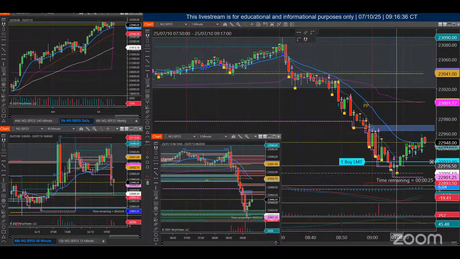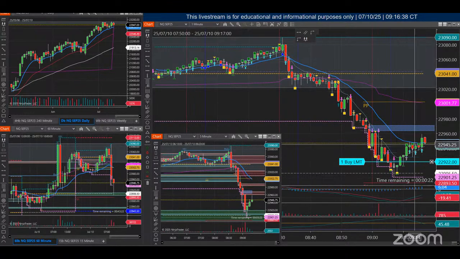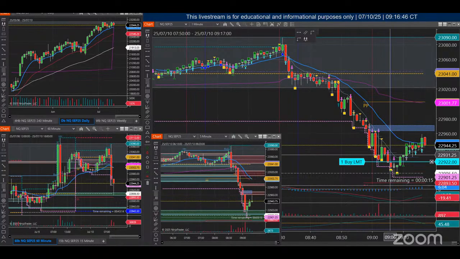So after 9 here, these were the ideal locations for me. And if you look at the past couple of days, any trade taken around this time, I've usually succeeded.